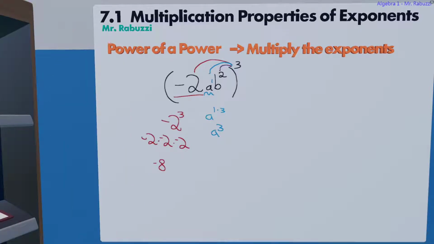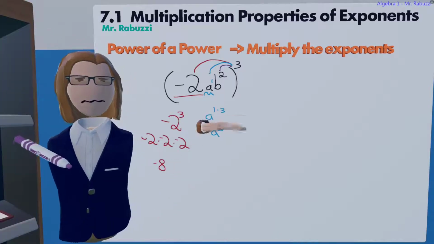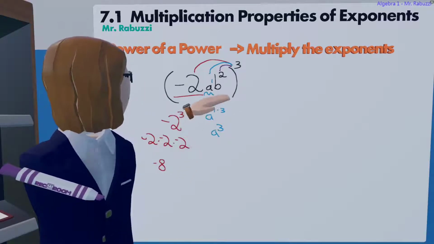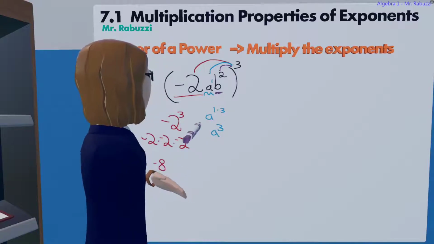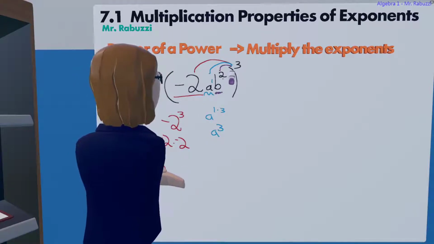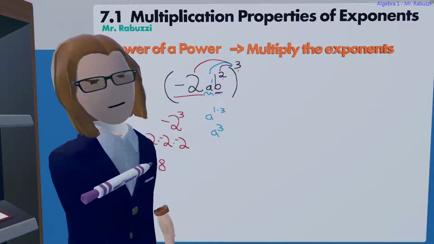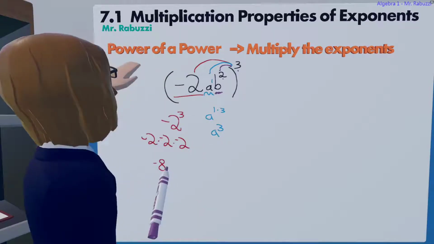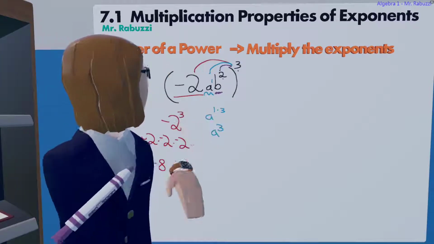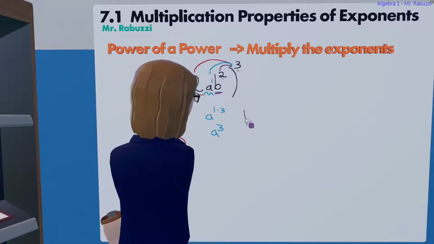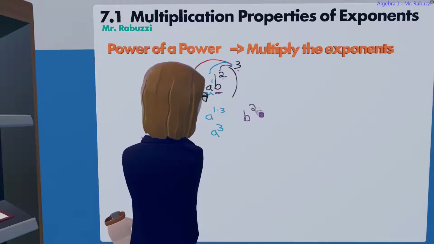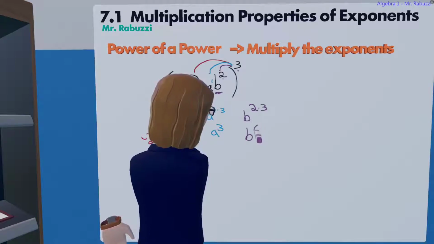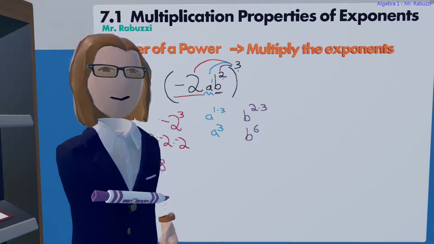So let's check it by looking at the last base. We have a B for our base. This B has 2 as an exponent and a power of a power of 3. Power of a power means multiply. So we're going to get B to the 2 times 3, which is B to the 6th. Okay?